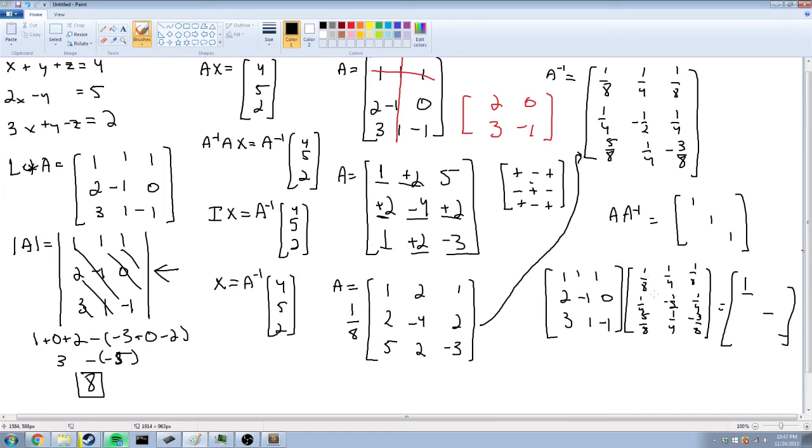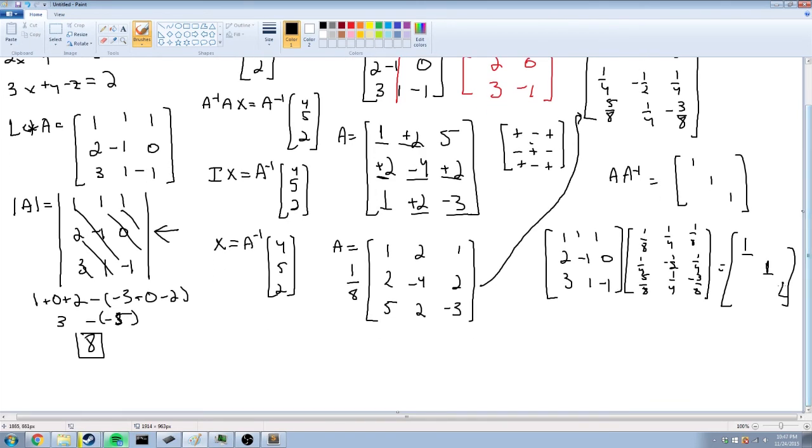So 2 times 1/4 is 1/2. That is 1/2. And then 0 times 1/4 is 0. So we got 1 right there. And then for the third one, we want to check the third row, the third column. So 3/8, 2/8, and then 3/8, which is 1. So now we know that this truly is the inverse of A, since we checked it out and it worked.